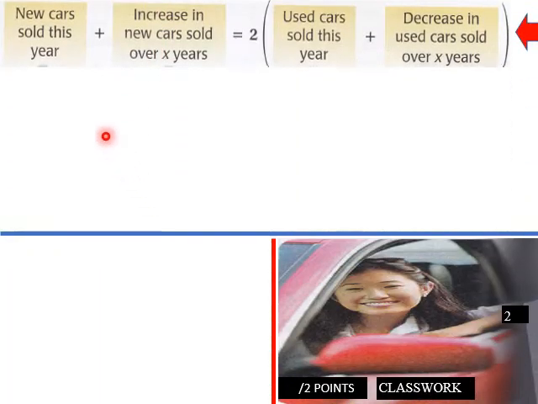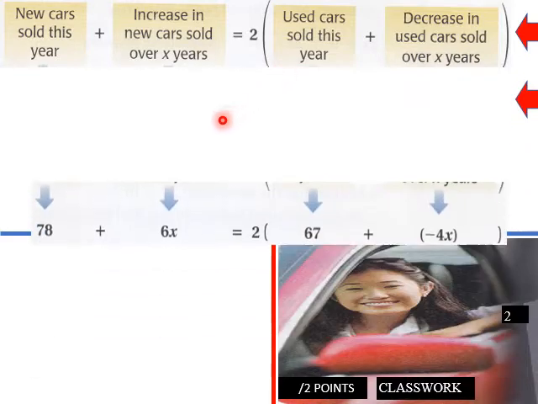New cars sold this year plus increase in new cars sold over x years equals 2 times the quantity used cars sold this year plus decrease in used cars sold over x years. So there's your verbal model.